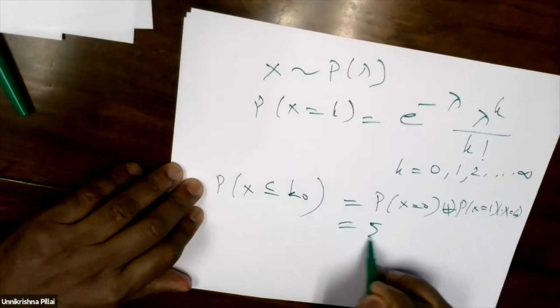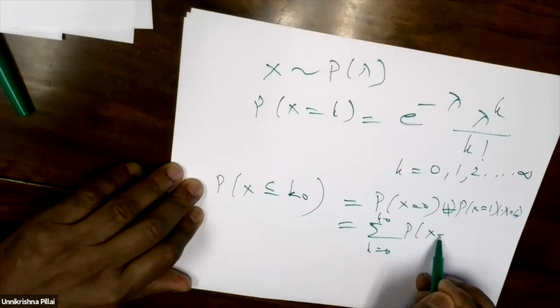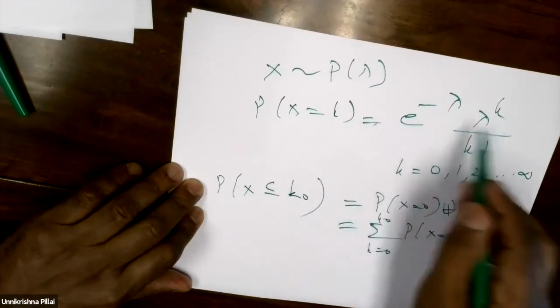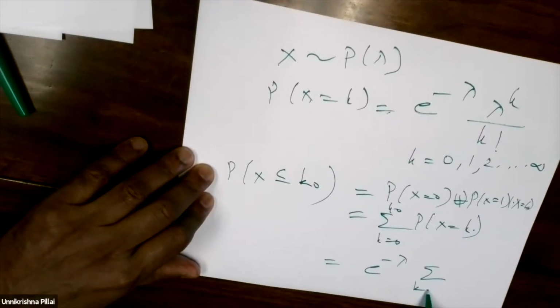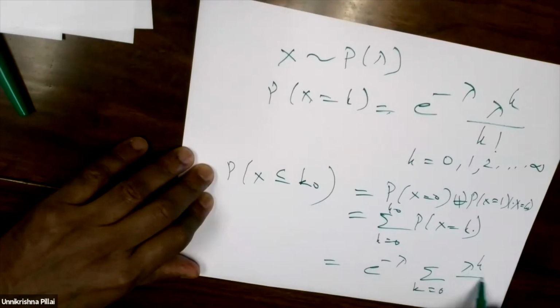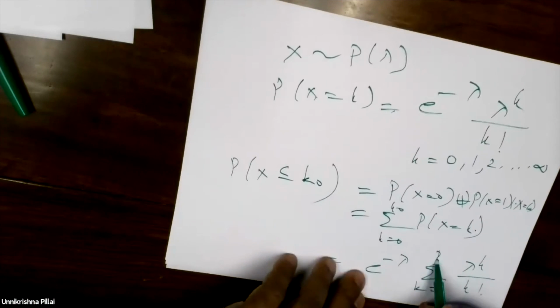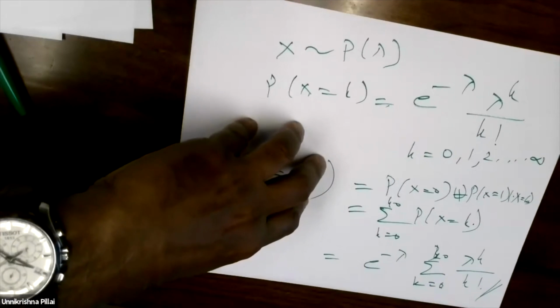So this is the sum over k equal to 0 through k0 of the probability of x equal to k. The probability of x equal to k is here. So it's very easy. You just plug it in, e raised to minus lambda, lambda to the power k over k factorial, k equal to 0 through 3 in your case, or k0. This is the probability of the system failing.